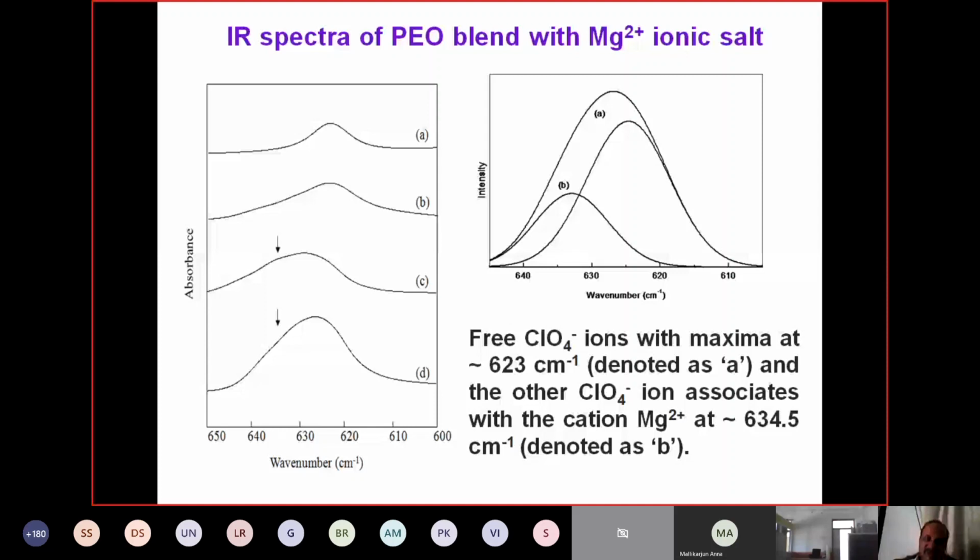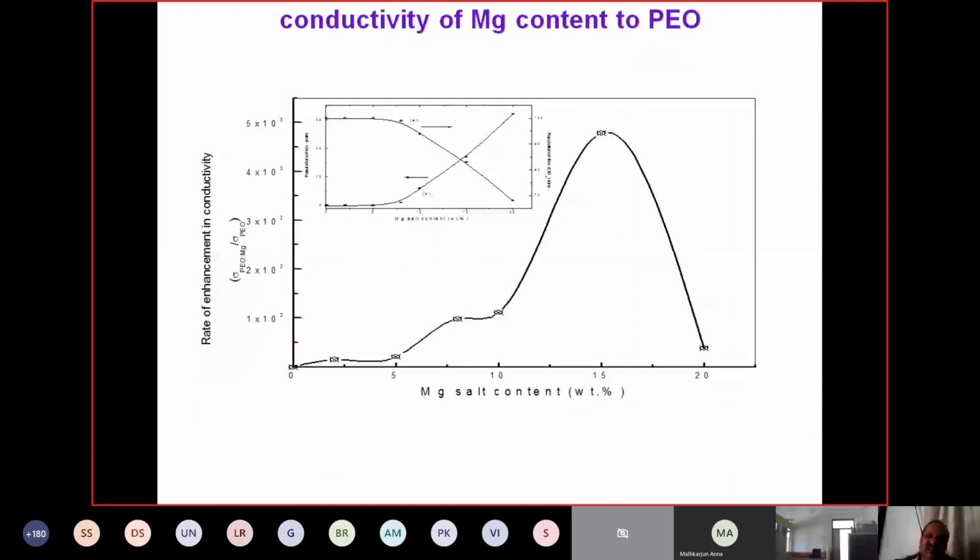By calculating these areas, we calculate the population of the free ClO4 ions and those coordinating with the lithium. You see here, by increasing the magnesium salt, the conductivity is decreasing. At higher salt concentration, ion pair formation is higher.